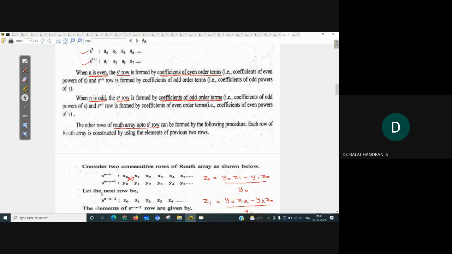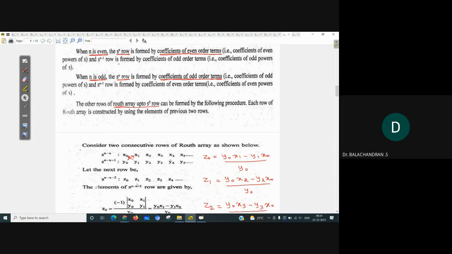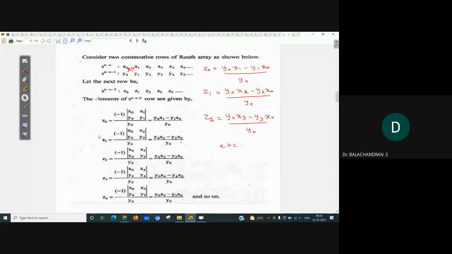Let the next row, s power n minus x minus 2, be z0, z1, z2, z3, z4. So how to find z0? How to find z1? The denominator is y0, that is fixed. y0 is this element in the second row.